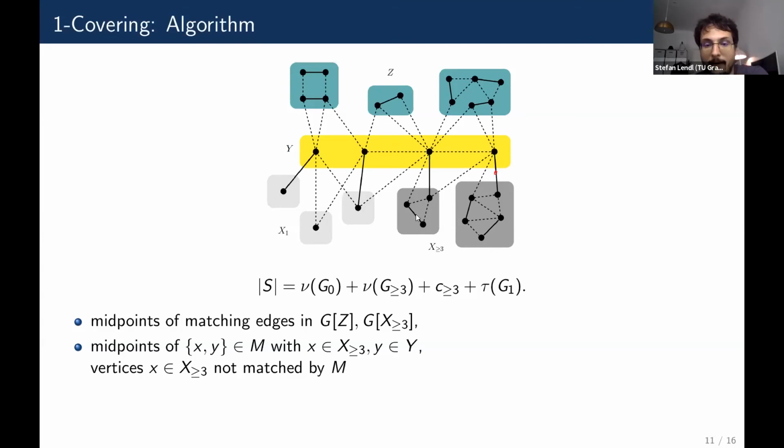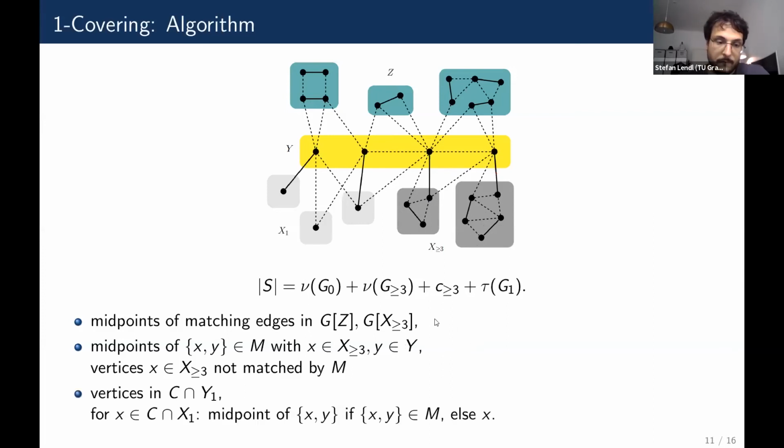And if there are large factor critical components that are not matched by any matching to some Y vertex, we would just take this unmatched vertex. So this way we construct exactly C greater or equal 3 many points. So for every one of these components, either the point of the incident matching edge or just the point itself that is not matched.